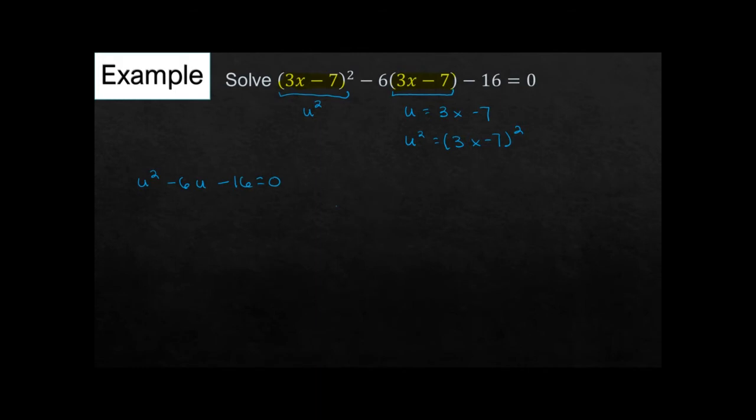So once you identify your u and u squared, you substitute those in, and now you have a quadratic that is a lot easier to solve than this more complicated looking thing. And I'm going to put boxes around there so you can see what I substitute in. I should actually put the box before the square so you can see that's box squared.